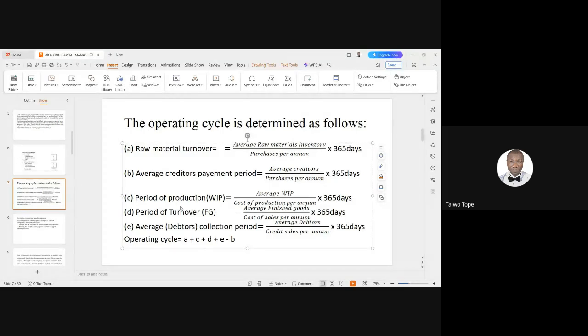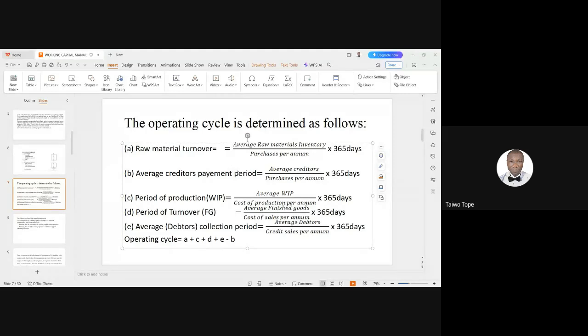Now, taking it further, when you are trying to determine your operating cycle, which is how long it will take you to hold your stock, to collect your money from your debtors, to pay your creditors, we come up with all these formulas to determine the days, the period it takes for us to sell our goods, to pay our creditors, and to collect our money from our debtors.